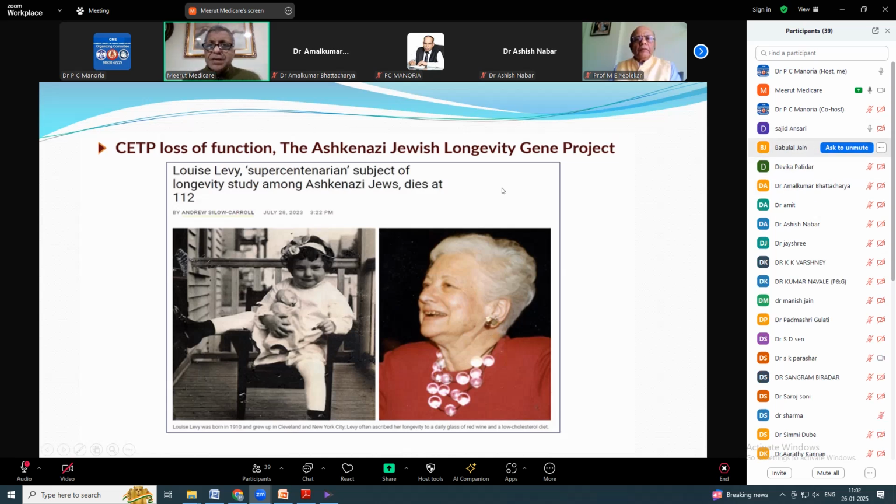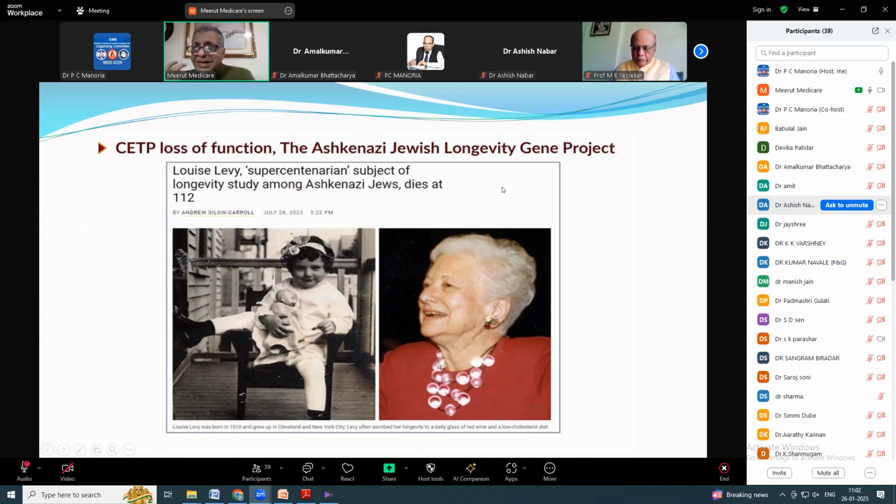And ladies and gentlemen, yet another example is the Ashkenazi Jewish longevity project, where a lady was identified who has loss of function of the CETP gene and supercentenarian age. So that is the background. You have to understand a little bit of genetics and statistics now in every disease, because that sets the tone of our future discoveries of drugs.